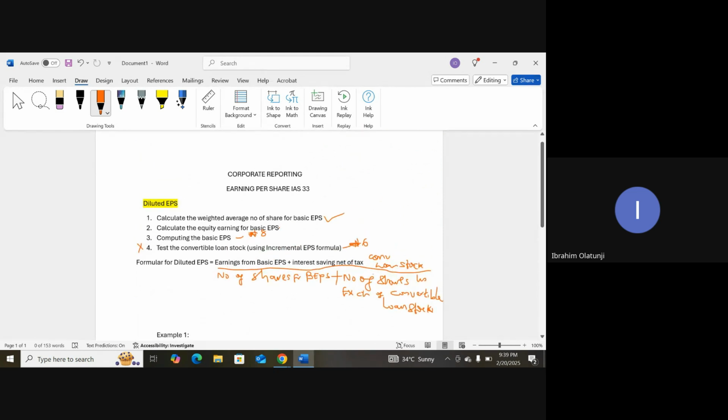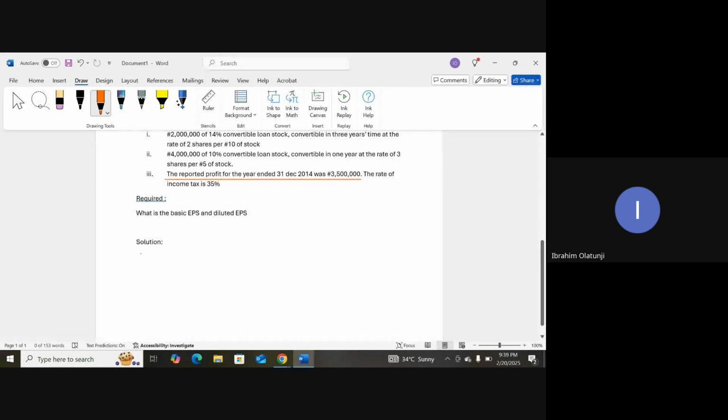Then step 3 is to compute basic EPS. Basic EPS is equal to earnings over the number of ordinary shares.